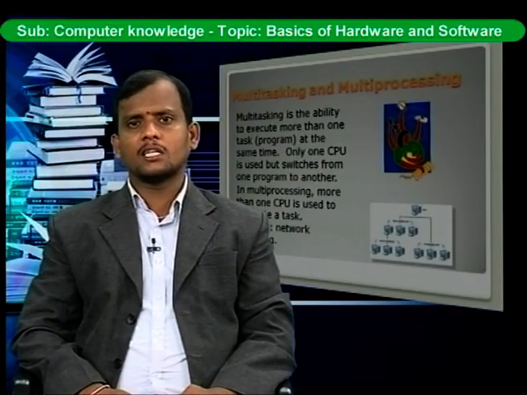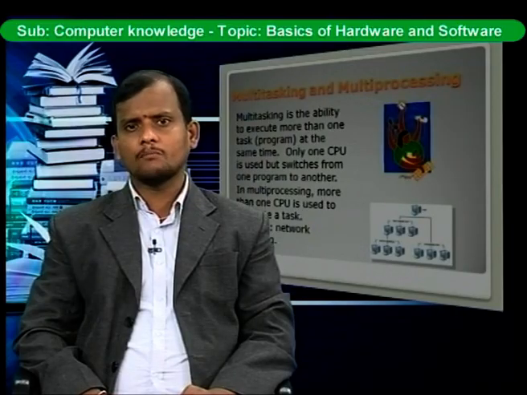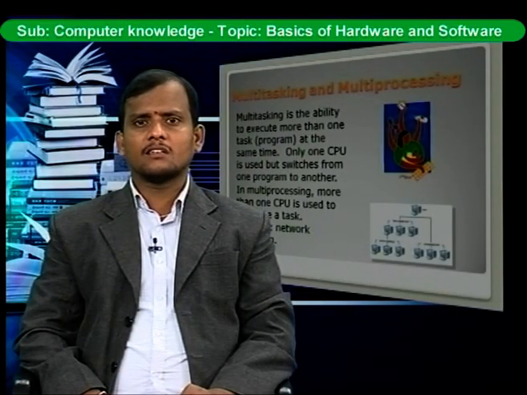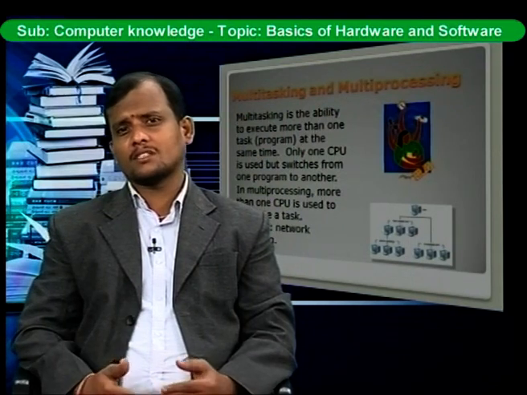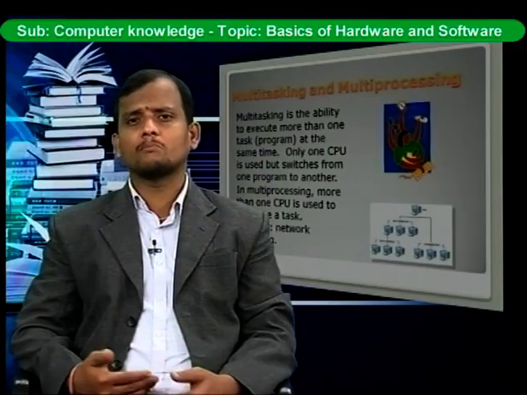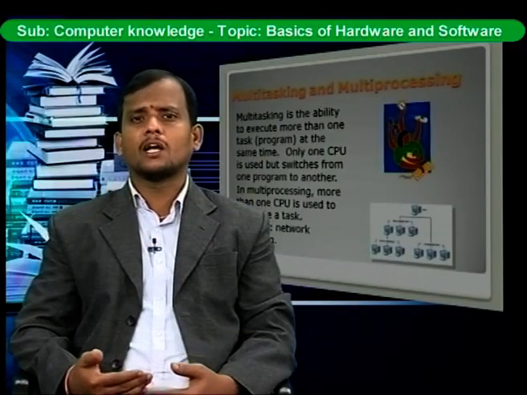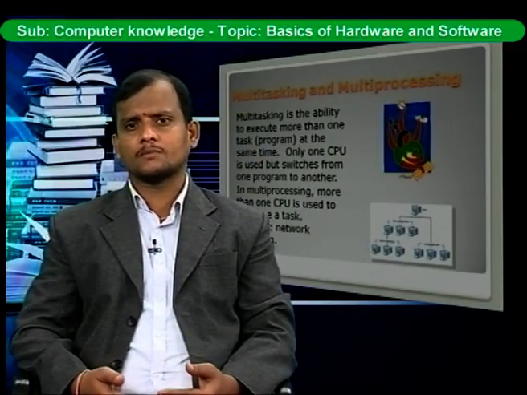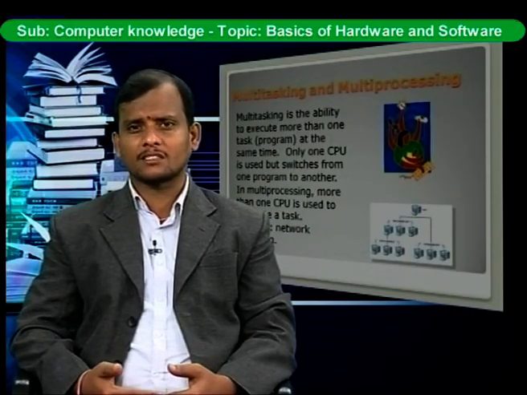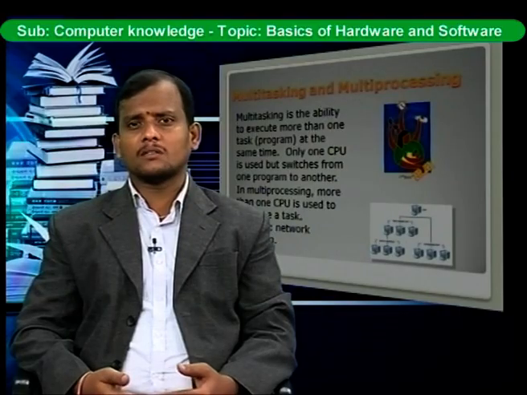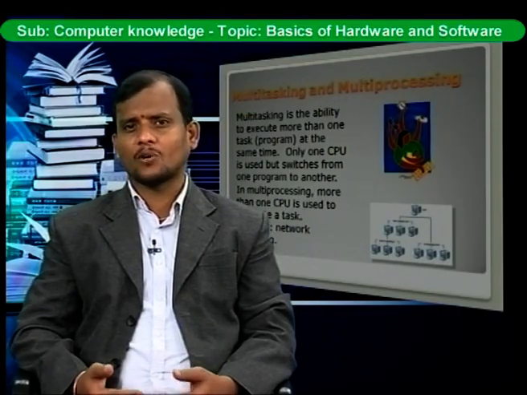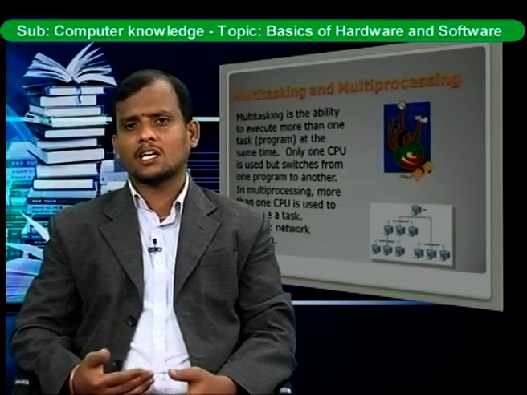Multitasking and multiprocessing. Multitasking is when we give, at a given point of time, multiple instructions or multiple executions to a program. That is the ability to execute more than one task at a given point of time.